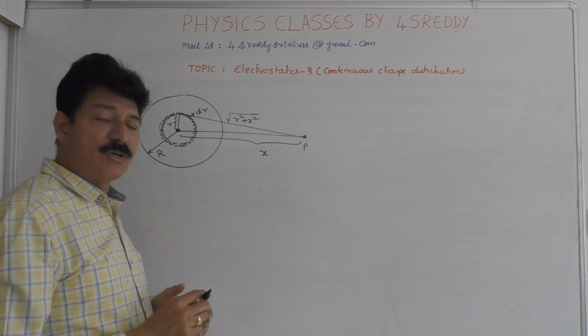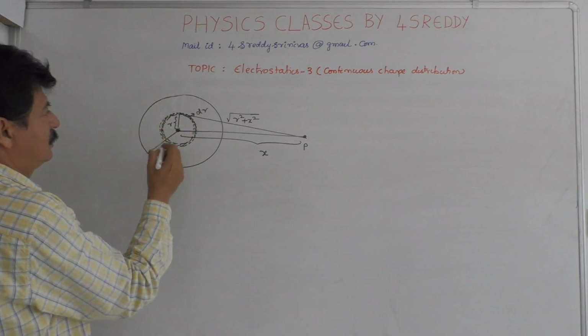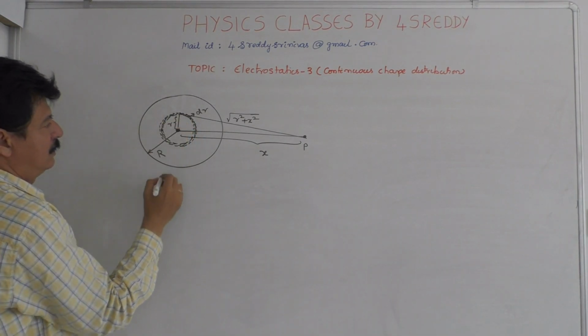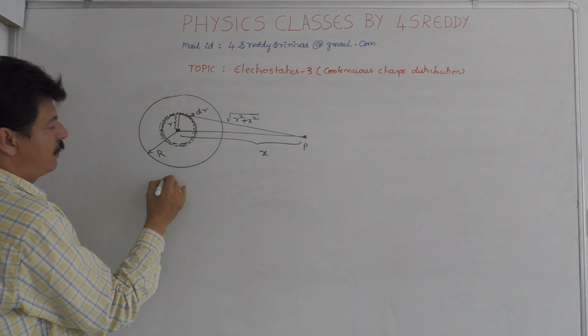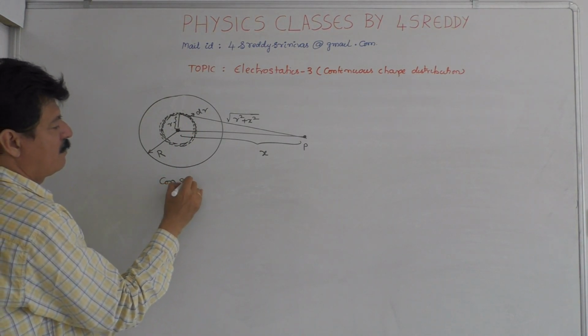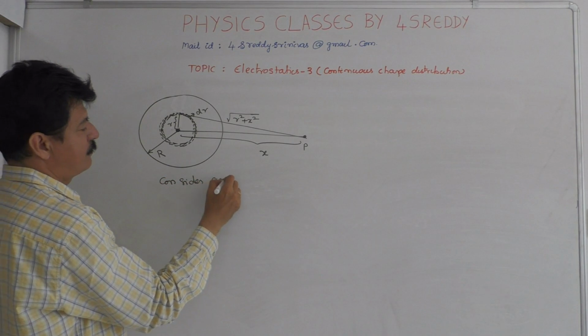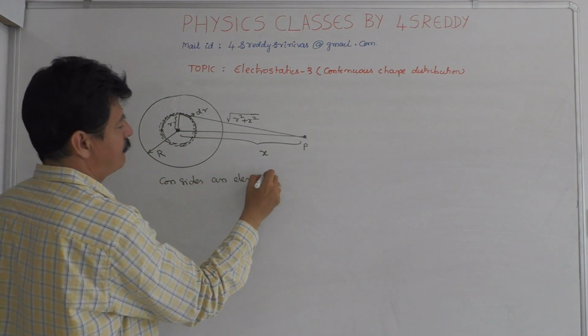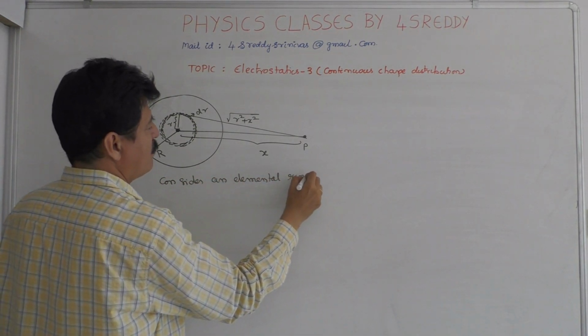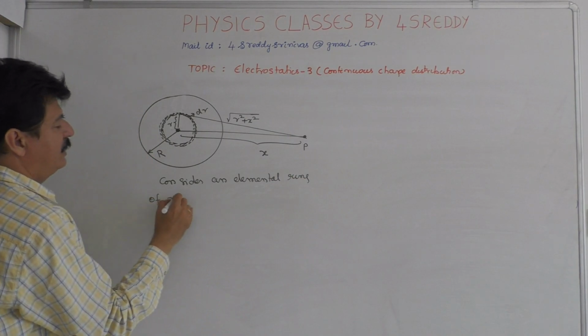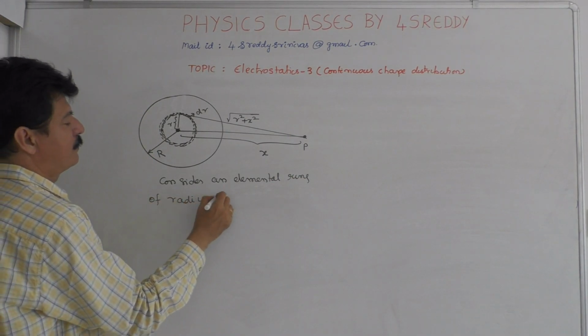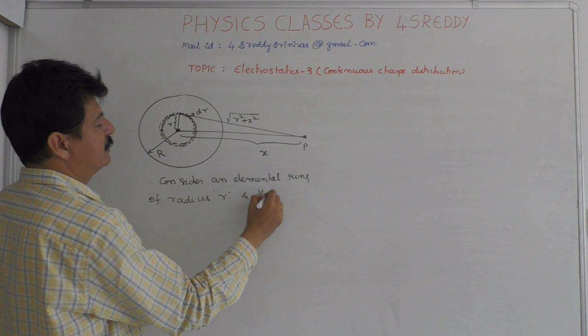Now once you got this, we have already calculated it. So consider an elemental ring of radius small r and thickness dr.